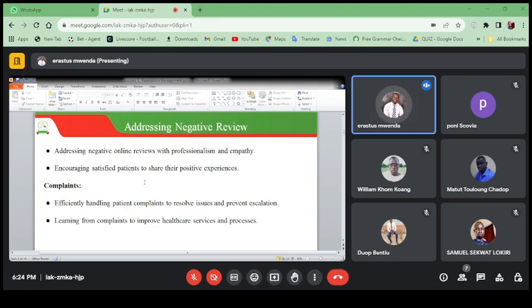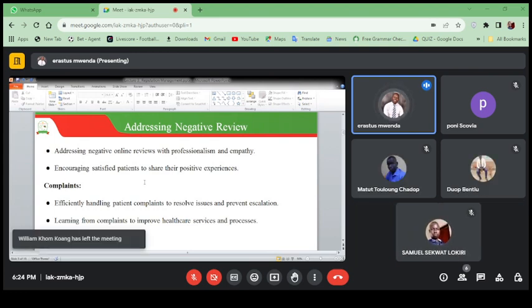So before we get to that point, where a matter that could be resolved within the organization now cannot be resolved, it means it has escalated and we need to know how to go about it. We talked about public relations and the need to safeguard the organization. And complaints can also be a platform for us to learn and improve our processes and services. That is key to note.